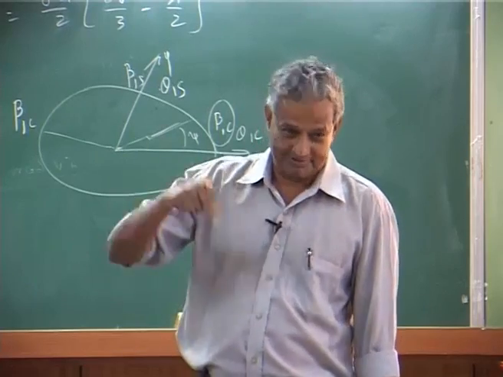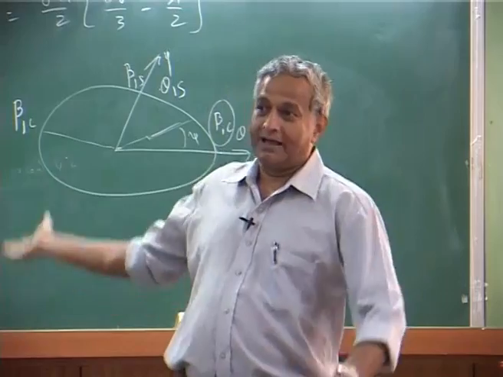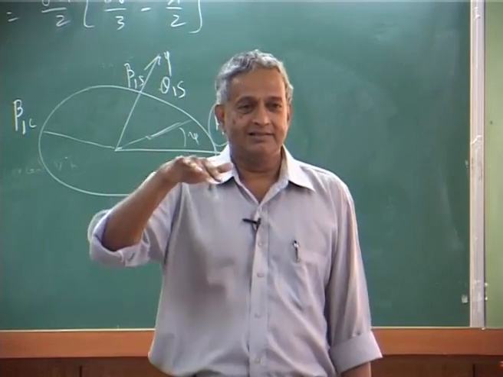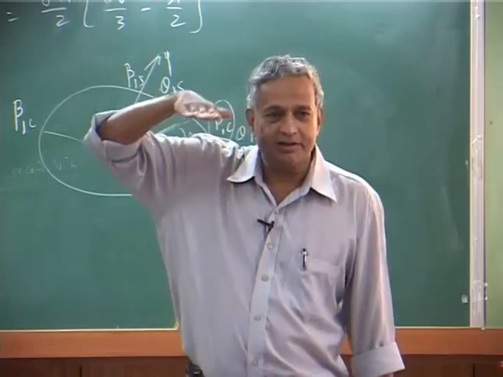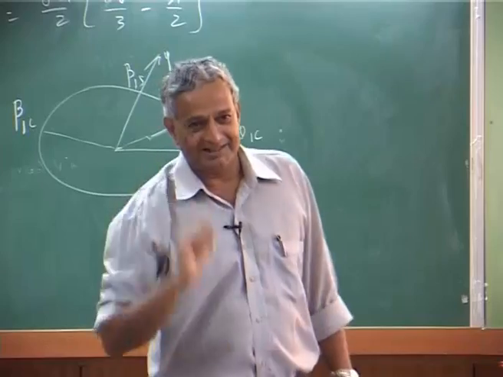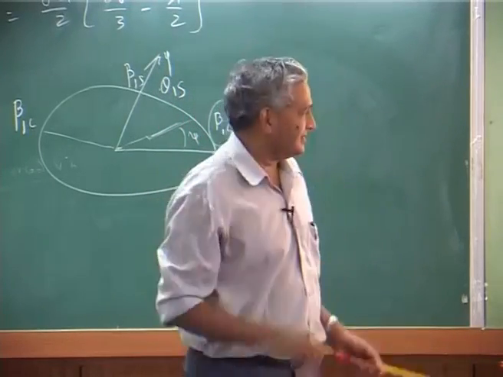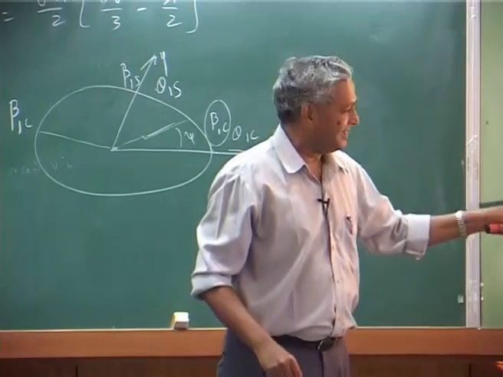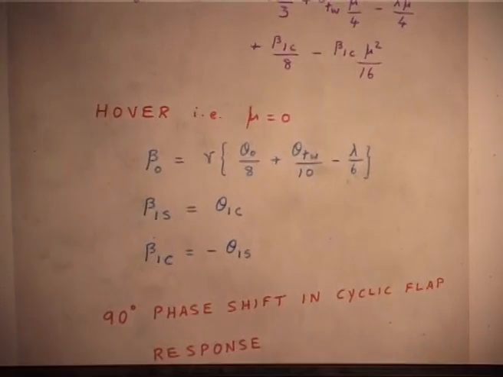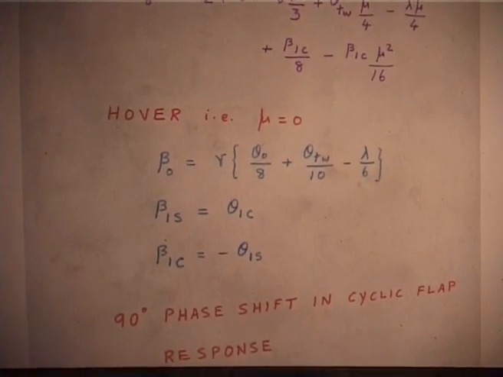Because of the pitch cyclic variation, the blade flaps, and the net result is the rotor disc tilts forward. So, he gets a thrust in that direction. Now, you can take these two terms on the left side and then combine and try to give a geometrical interpretation.